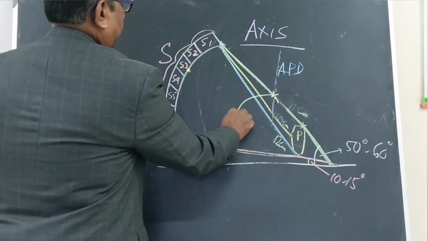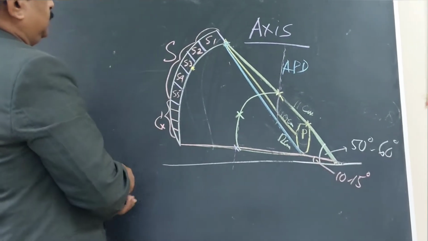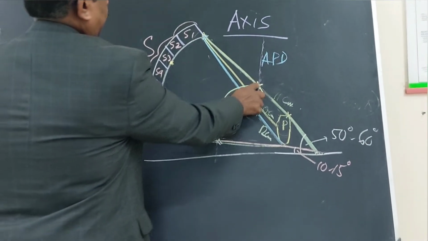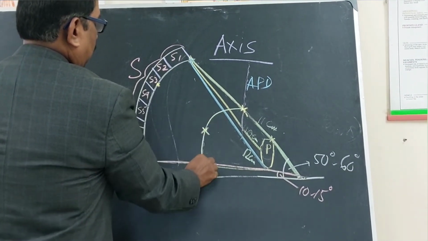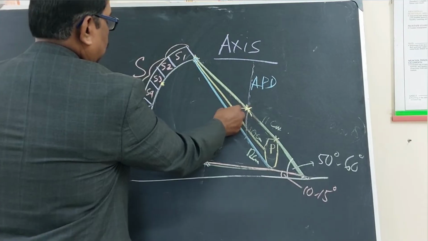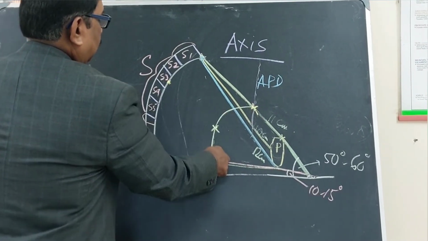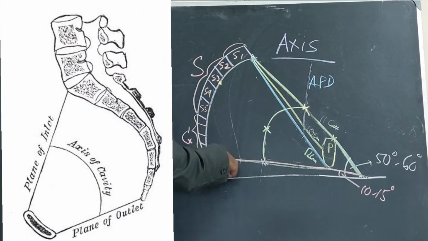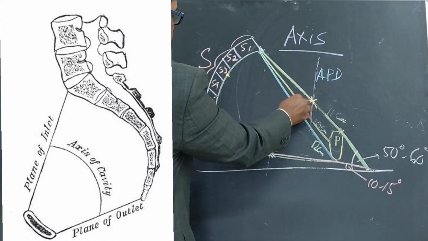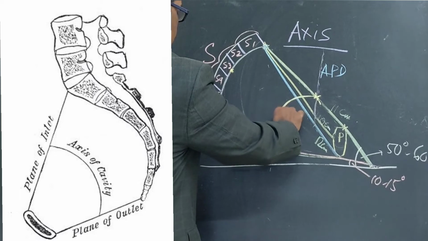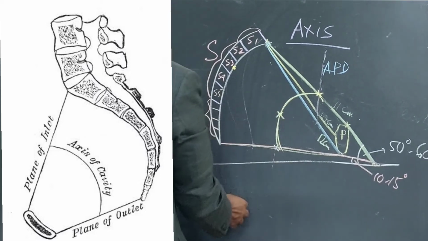And here is the plane of pelvic cavity. So 3 points are there. One for inlet, one for cavity, one for outlet. If you join these 3 points, it will curve like that of the sacral curvature. And this is backwards, downwards, then forwards and downwards.